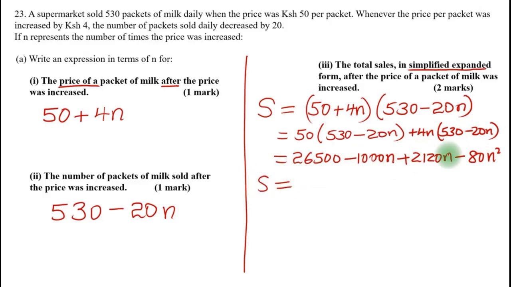S will be minus 80n squared, and minus 1,000n plus 2,120n will be plus 1,120n, then finally plus 26,500. So that is the total sales in simplified expanded form after the price of the packet of milk was increased. Now we move on to part B.